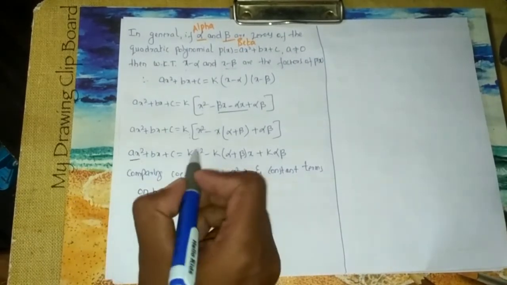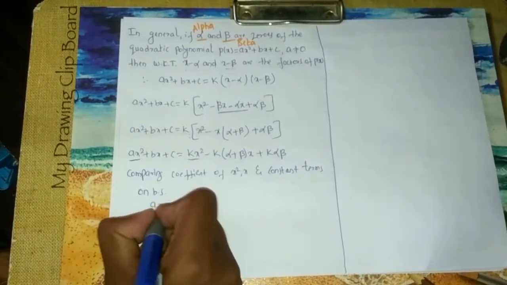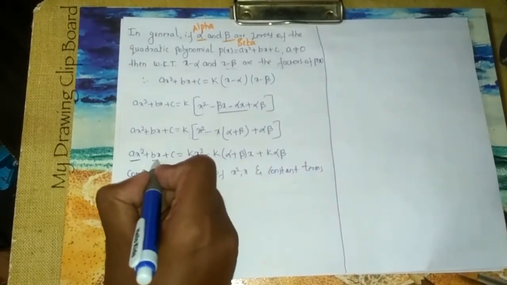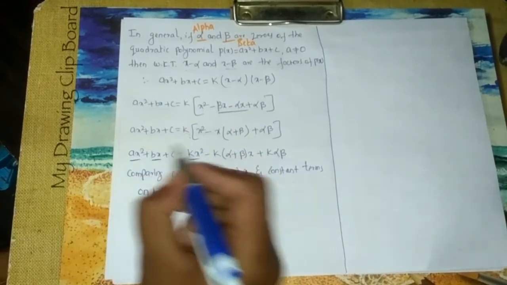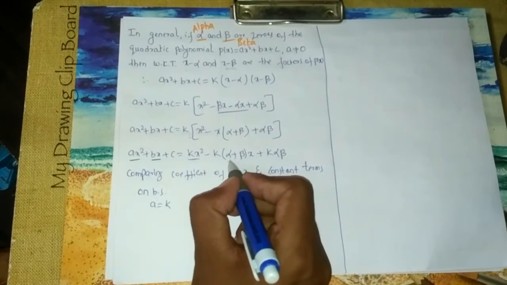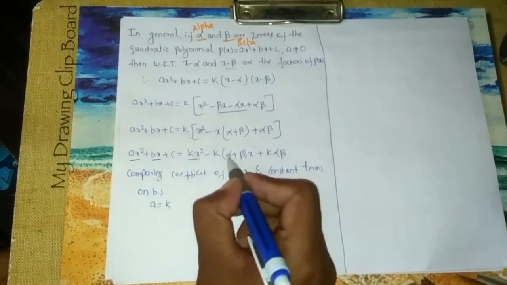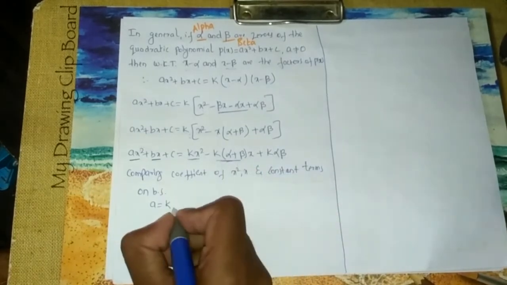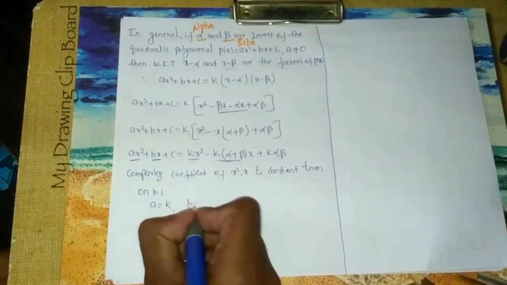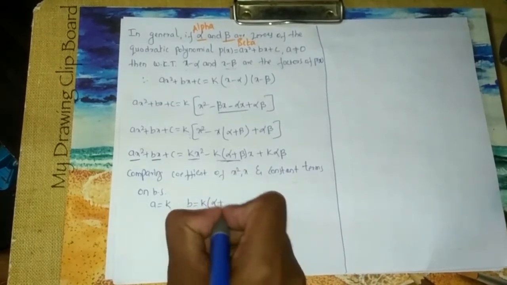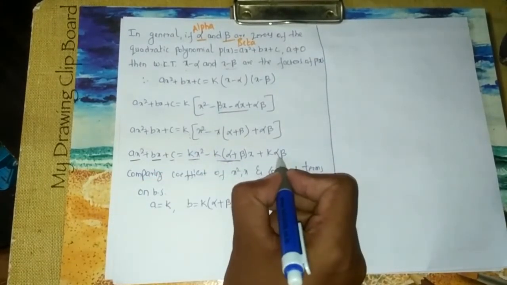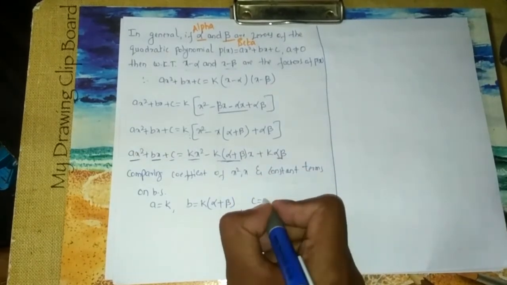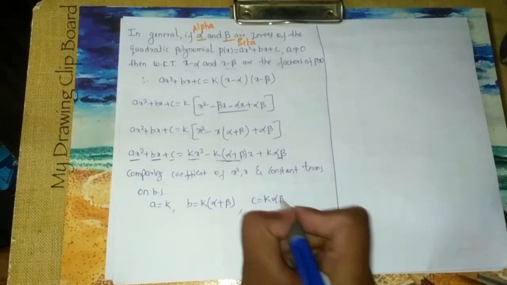Let me compare the x terms. This is bx, and this side we have k into alpha plus beta. So I can write b equals minus k into alpha plus beta, and the constant term is k into alpha beta, so c equals k times alpha beta.